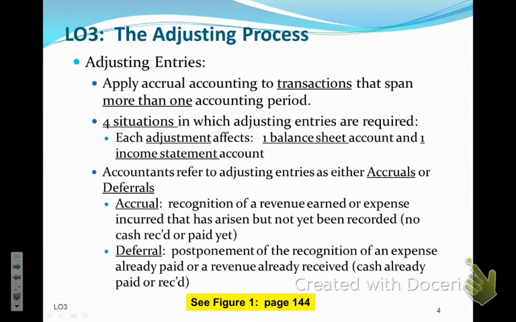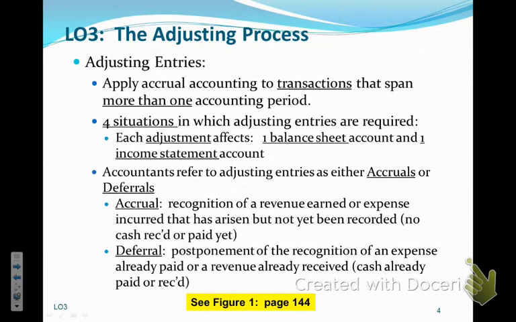This differs from a deferral, which is the postponement of the recognition of an expense already paid or a revenue already received. So in this situation, cash has already been paid or cash has already been received. And if you look on page 144, you'll see an example of what I'm discussing.